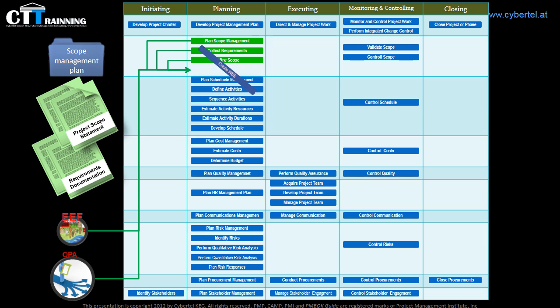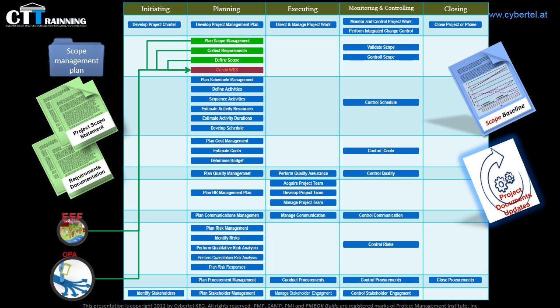After performing the tools and techniques, we came out with the scope baseline and project document updates. The scope baseline will be needed in 7 other processes. In the develop project management plan process, because it is a part of the project management plan.